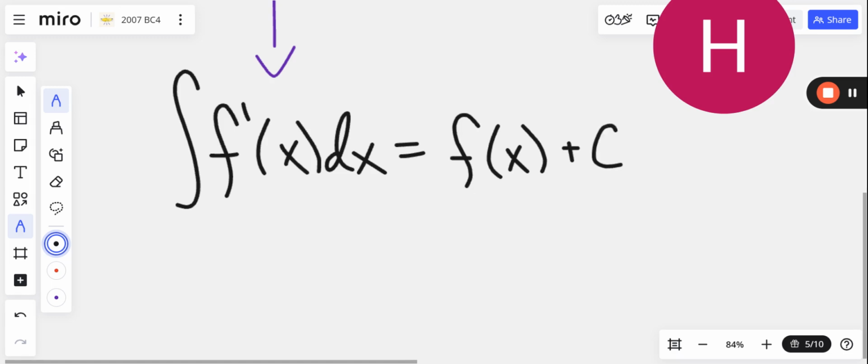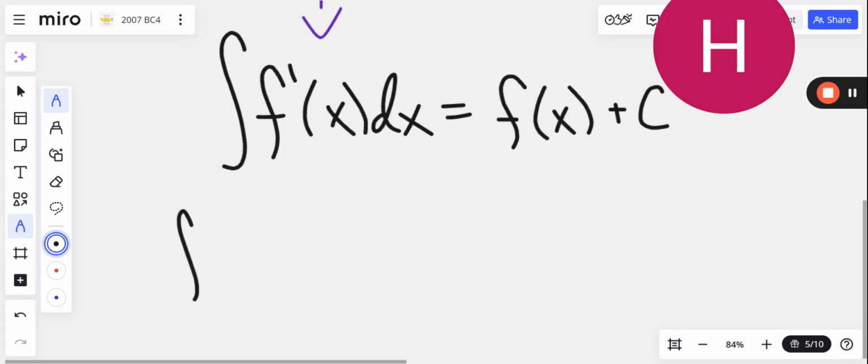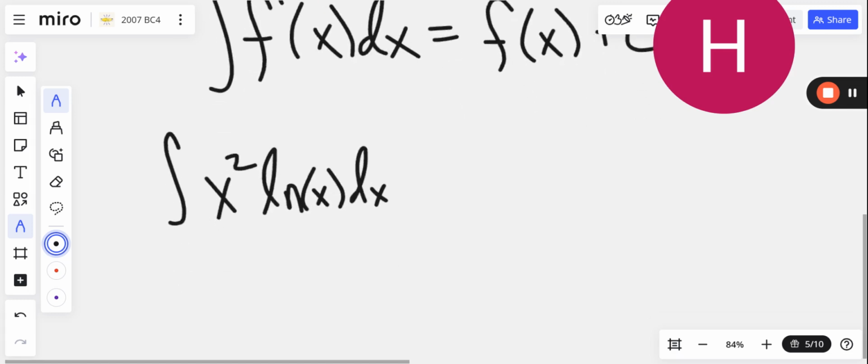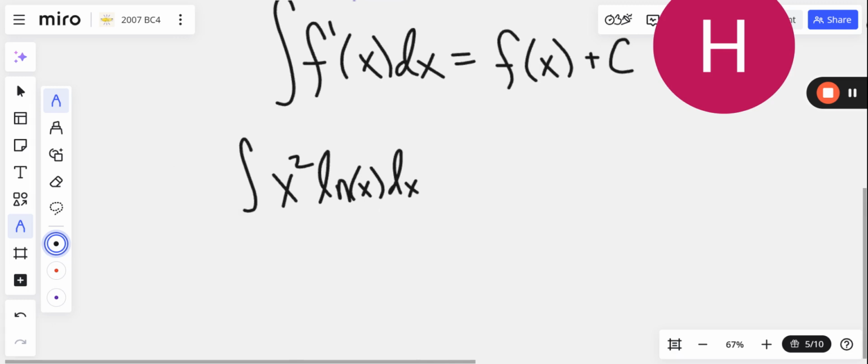Cool. So it's all just a matter of taking the antiderivative of this product. We have to make a selection for dv, and we have to make a selection for u.